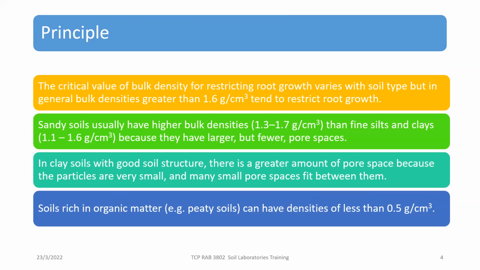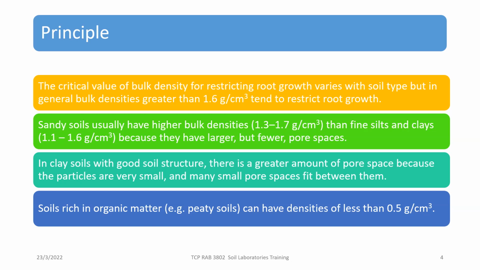This means that when the bulk density is high, the pore volume is low, there are not enough pores. So this, of course, will hinder or prevent roots from growing, and this will provide poor physical condition.